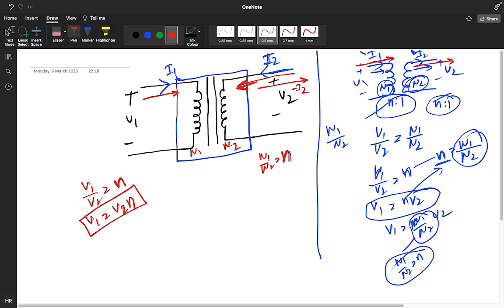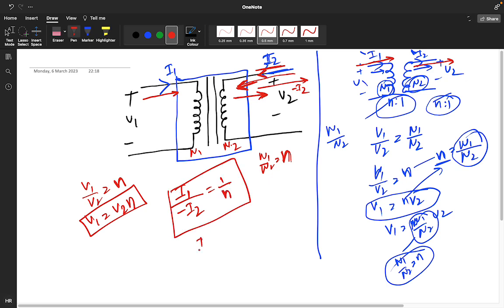And I1 by minus I2, because you have to take into consideration the sign of the current direction. In the question the current direction is given like this, so that's why minus I2 is coming. Minus I2 is equal to 1 upon n.